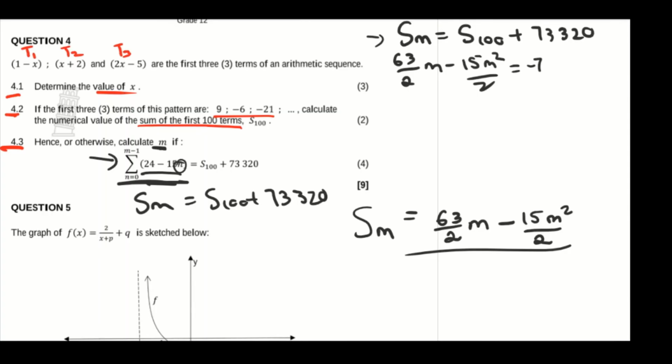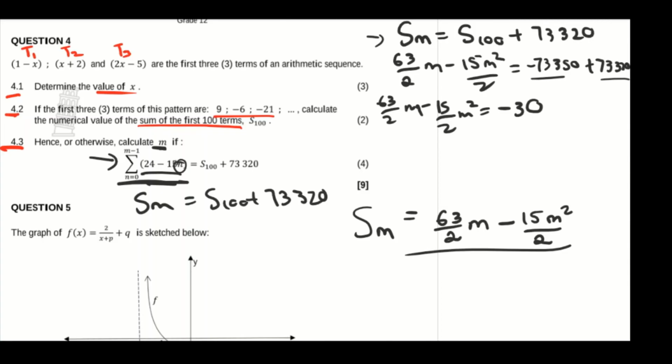Which is minus 73350, right, plus 73320, right? So it's going to be 63 over 2 m minus 15 over 2 m squared is equal to, so please find the difference between these two here. I'm getting minus 30, right? And then just to simplify everything, I'm just going to remove this 1 over 2.